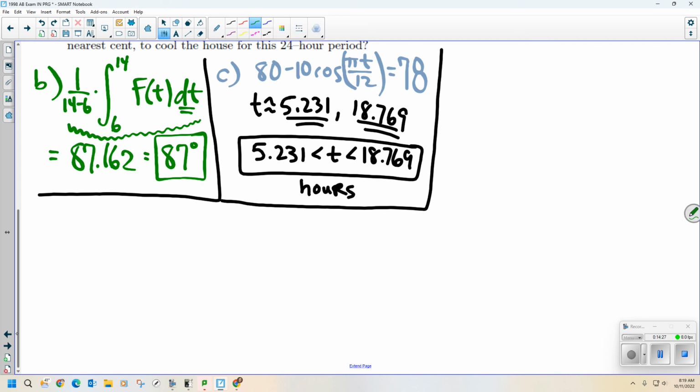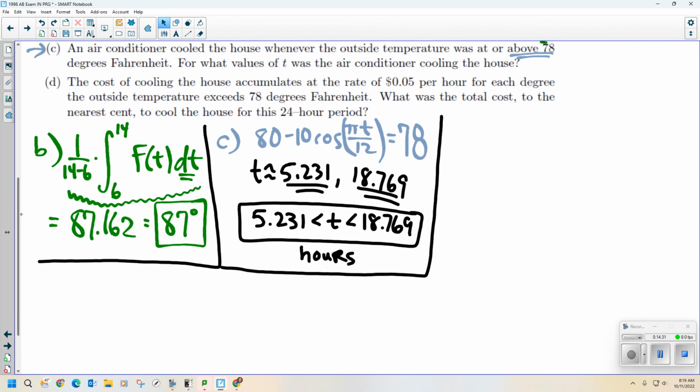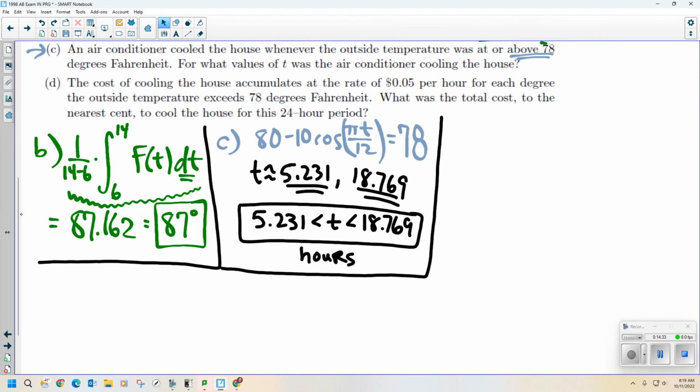So let's read what this last one asks before I start changing the color of my calligraphy pen. The cost of cooling the house accumulates at a rate of 5 cents per hour for each degree the outside temperature exceeds 78. Okay. What is the total cost to the nearest cent to cool the house for this 24-hour period?